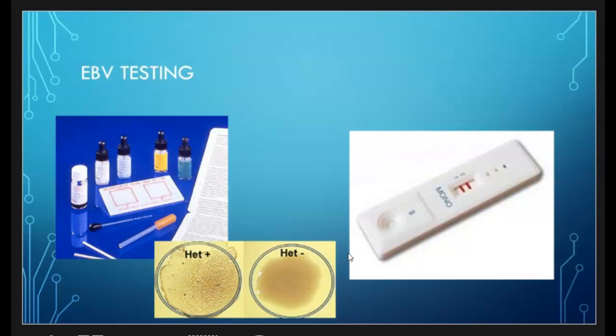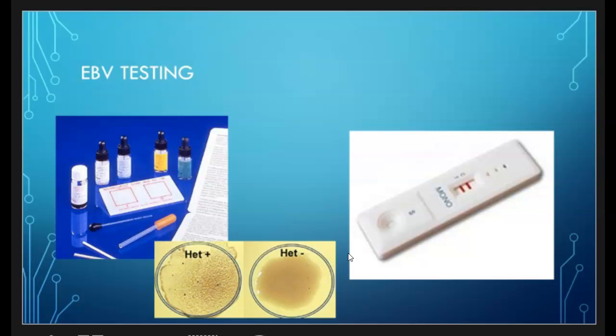Also known as the Forssman antibody, F-O-R-S-S-M-A-N. 40% of patients infected with infectious mono produce these heterophile antibodies during the first week of illness, and 90% make them by the fourth week.